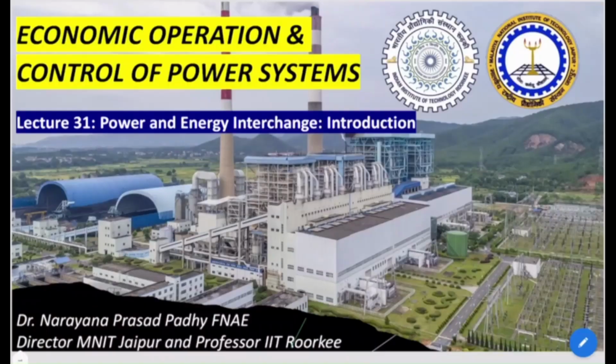Now the question is, it is also important to carry out some transaction from one state to the other if the energy is economical. If the energy is cheaper in Gujarat, then that power can be moved to Rajasthan and vice versa. That is known as interchange or exchange of energies, and we'll focus on how this concept is going to work.